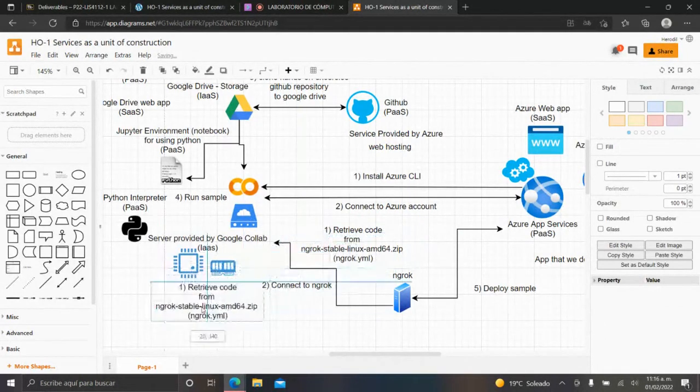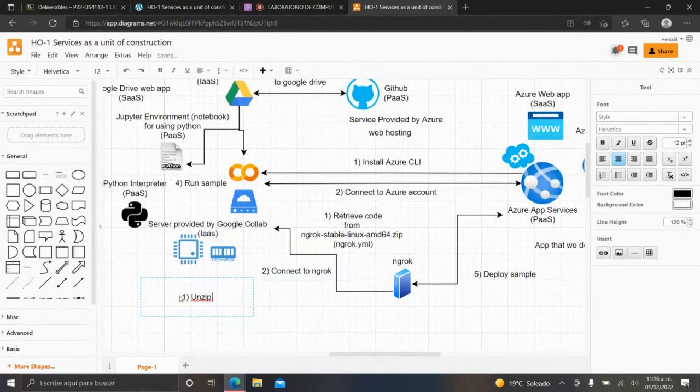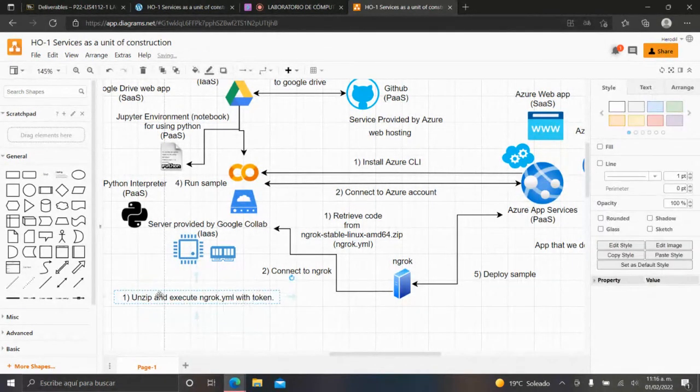On zip, execute, define the token with a variable, and then execute the YAML with the token. Like this. ngrok.yaml.